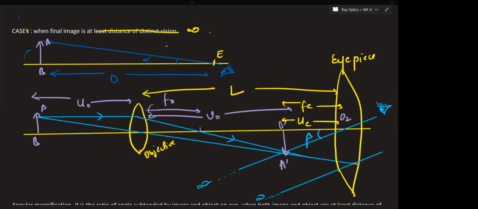Also, one more thing, class. If this is L, the length of tube, then this is actually V naught plus UE. Right? This is the complete length of tube, which is comprised of V naught plus FE, or UE.